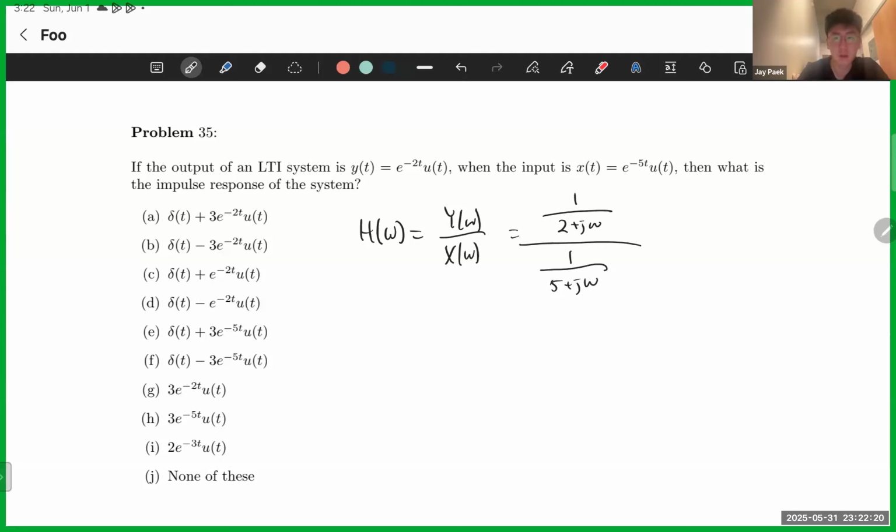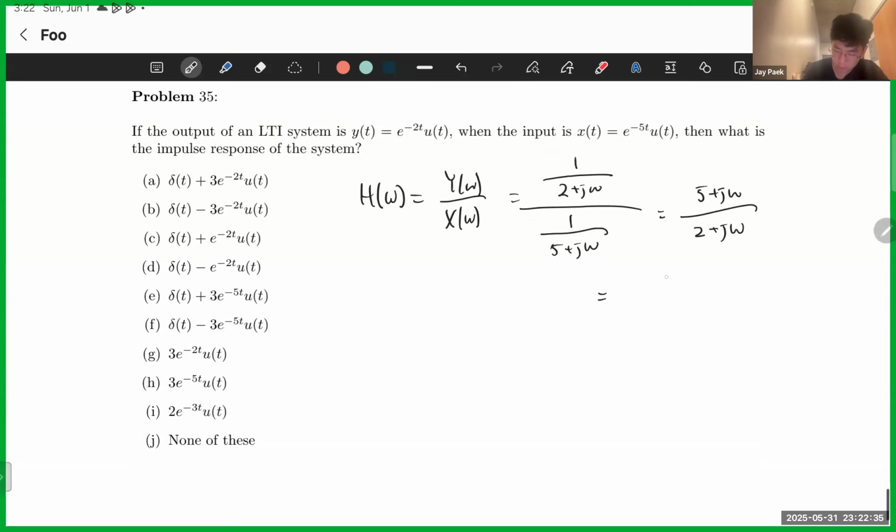There we go. Yeah. And then, okay, there we go. We literally just computed our frequency response.